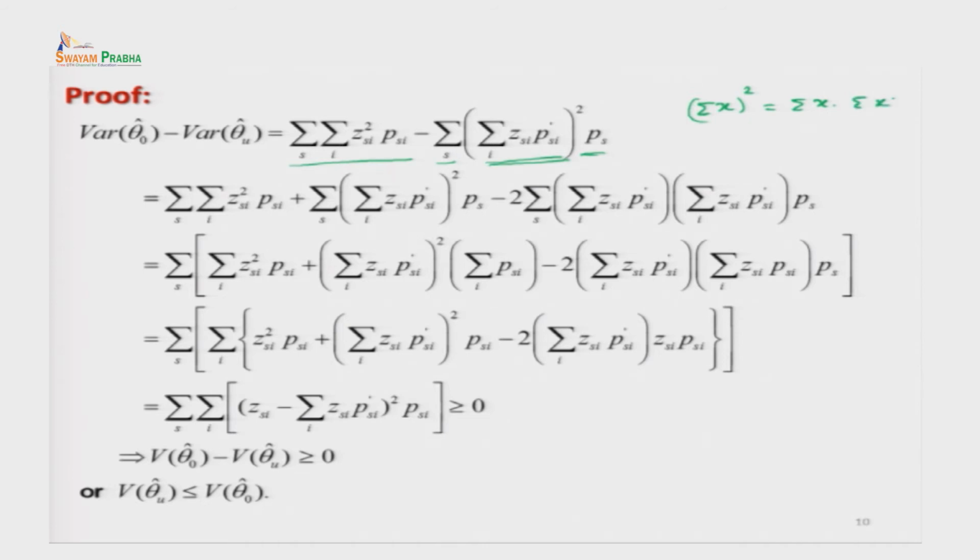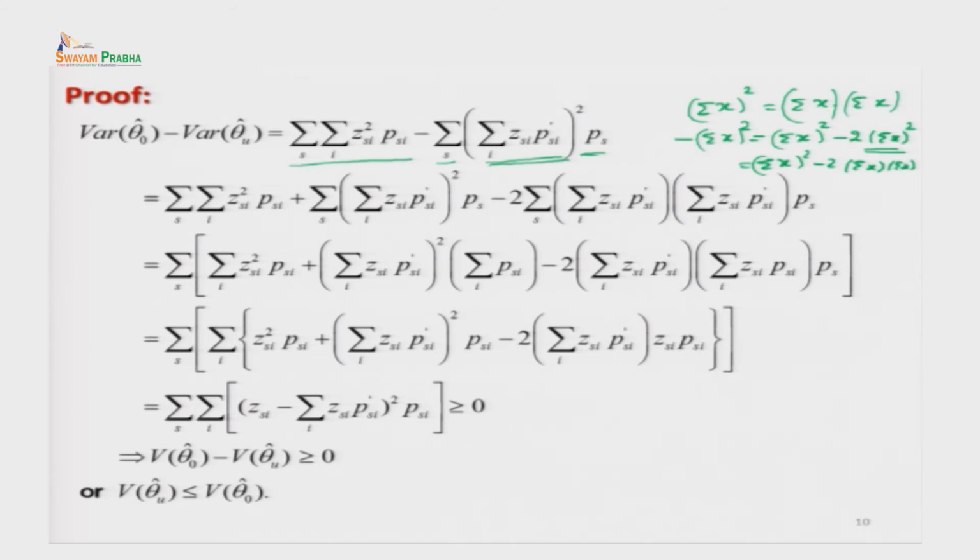And if I have a term like minus the summation x whole square, that can be written as minus twice the summation x whole square plus summation x whole square, that is, summation x whole square minus twice summation x into summation x.